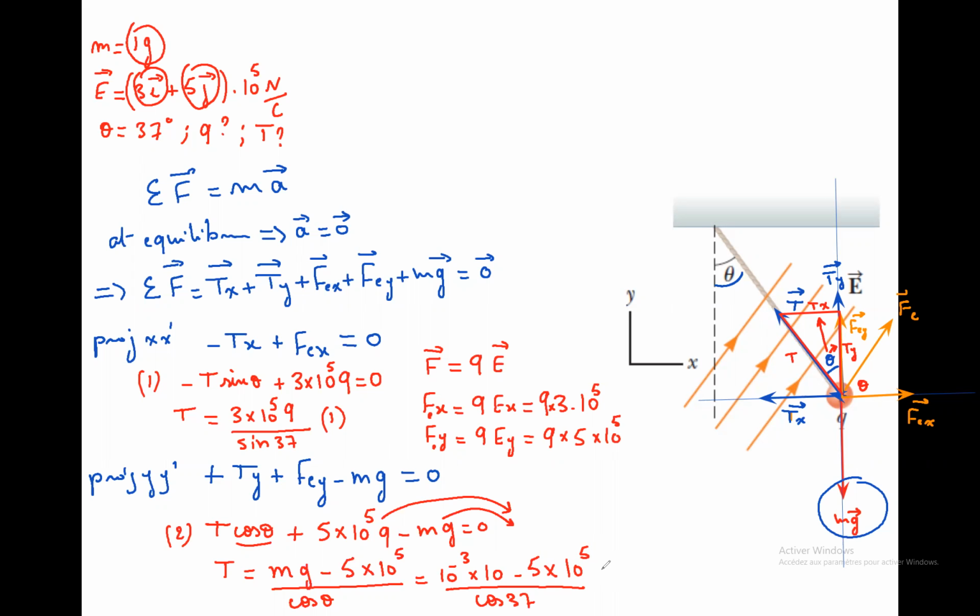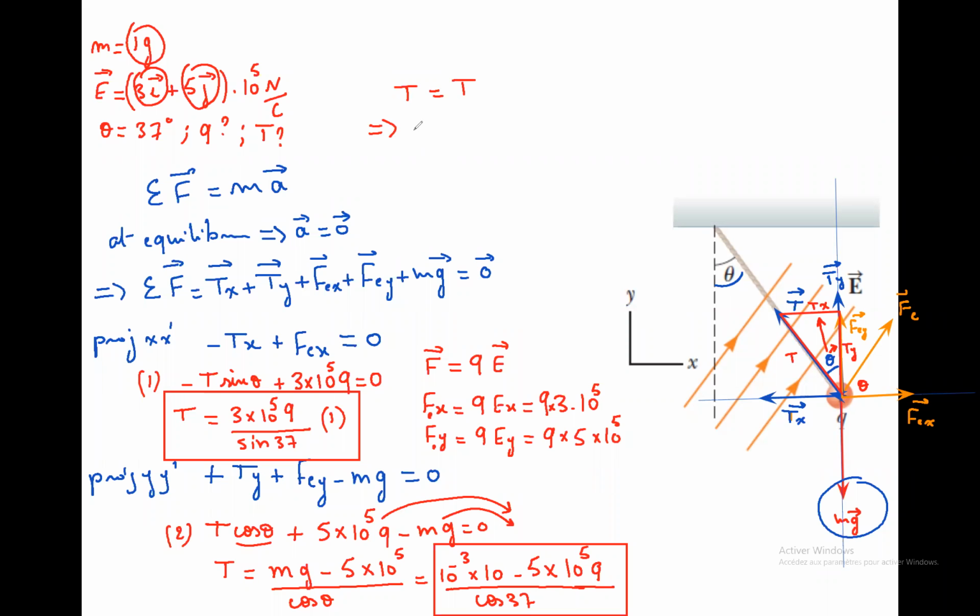Okay, here we calculated Q. Let me see. We have here T minus 10.5 Q. Okay, so this one is T and this one is T. T equal to T. We continue.